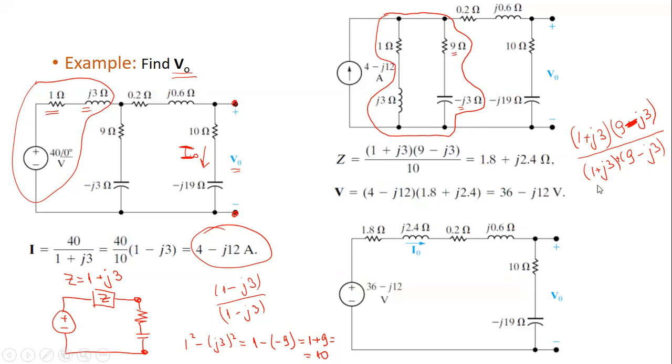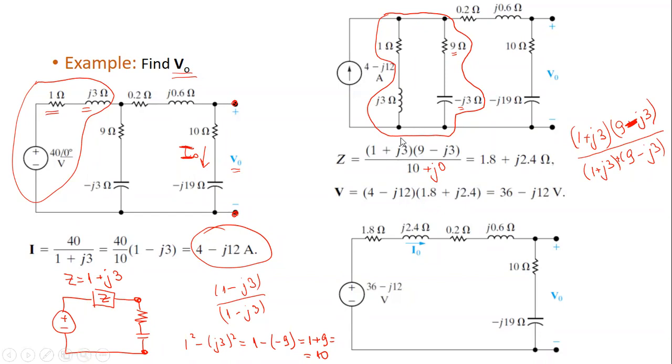For the addition, you add the real part to the real part: 1 plus 9 is 10. Then plus J3 minus J3 is 0. Just for clarification, it is plus or minus J0, so we don't have an imaginary part.